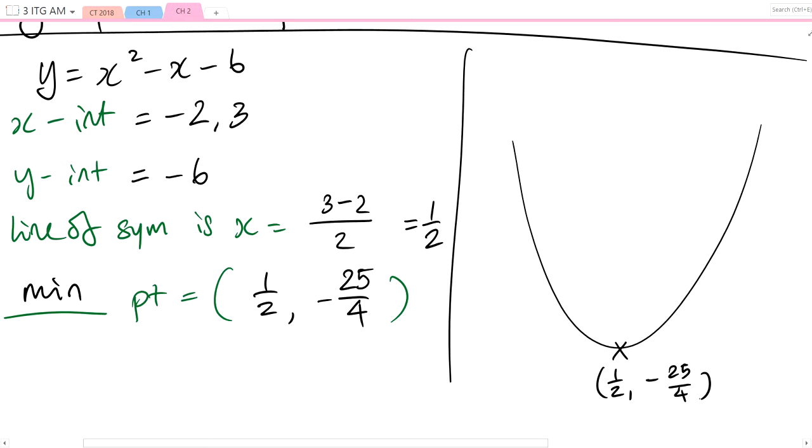Where is my x-axis? Above or below? You're saying this is 21 over 4. You are really wasting my time.